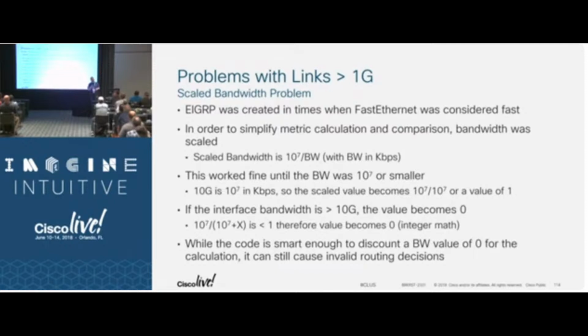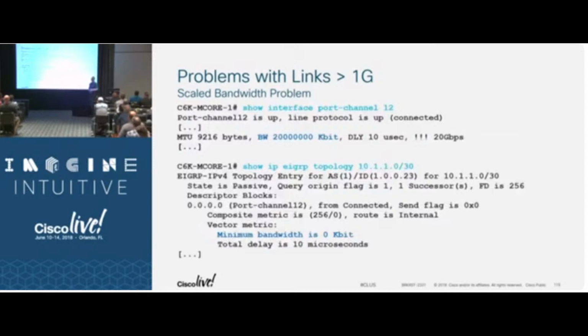The fastest link in the old classic metrics is 10 gig. This is how it looked on a Catalyst that was running a 20 gig port channel. It says the minimum bandwidth is 0 kilobit, which is unrealistic and doesn't really make sense. This is how it ends up with the classic metrics.